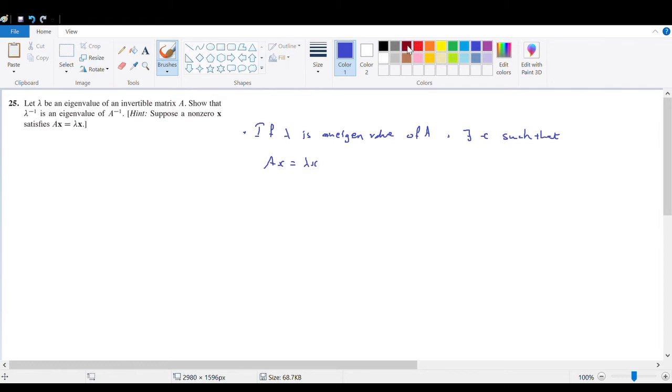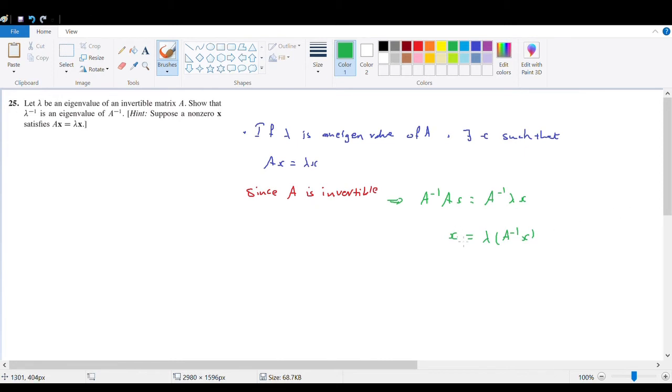Now, since our matrix A is invertible, it is given that A is invertible, then we can multiply this equation by A inverse. So A inverse Ax is equal to A inverse lambda x. We know that A inverse times A is the identity multiplied by x, this will give us x. Now in A inverse lambda x, lambda is a constant, so we can take it out by the properties of matrices: lambda A inverse x.